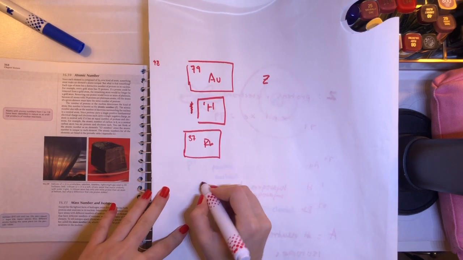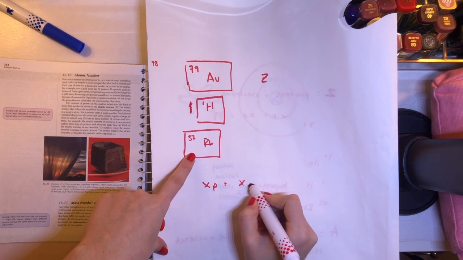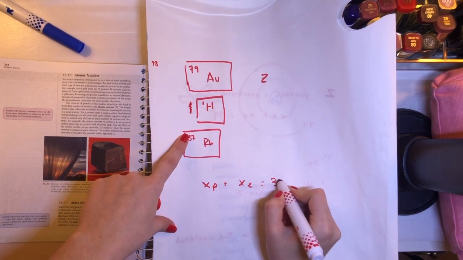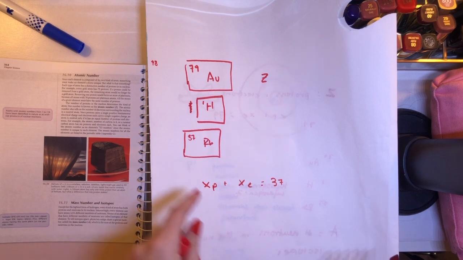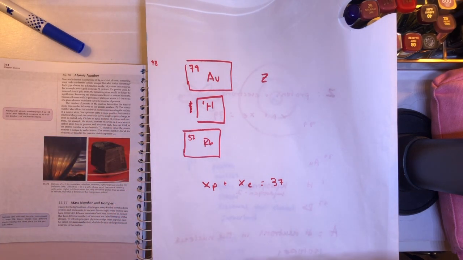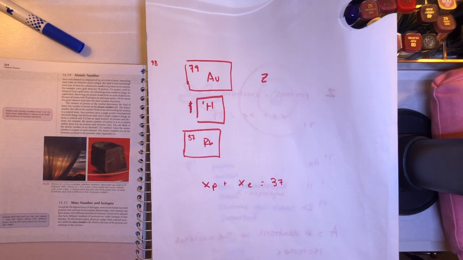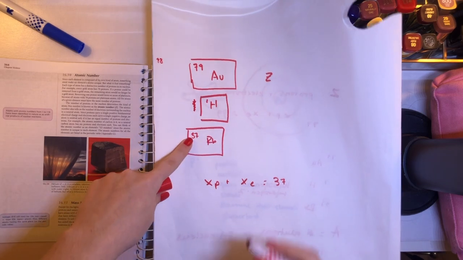So you don't have X protons in rubidium and X electrons that total 37. What that means is that there are both 37 protons and 37 electrons. They have the same number so that they cancel each other out and you get a neutral atom of rubidium.